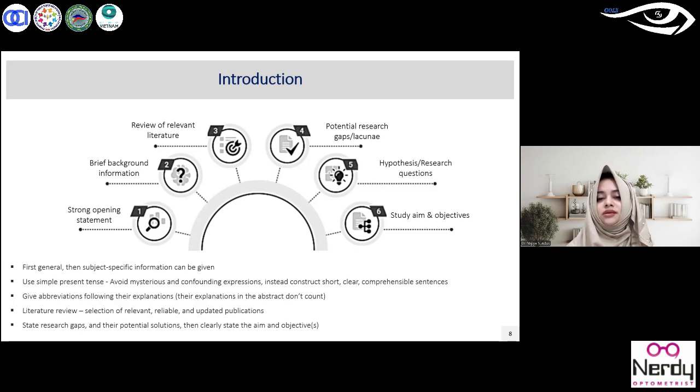The primary key to writing an introduction is to start with a strong opening statement. They say go from broader details and slowly trim down to specific information.